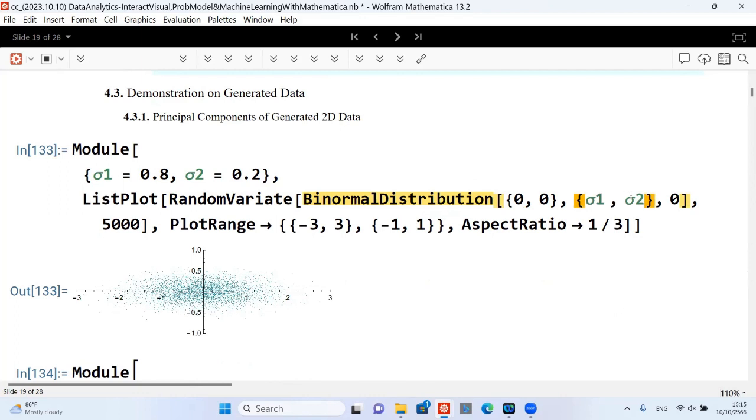Okay. Now, this one is a correlation. It's 0. So it's going to have no proportionality. Okay. So let's say originally I say sigma 1 is equal to 0.8, sigma 2 is equal to 0.2. So 4 times as big. So you can think of variation along the x1 as 4 times. So this is what you get.